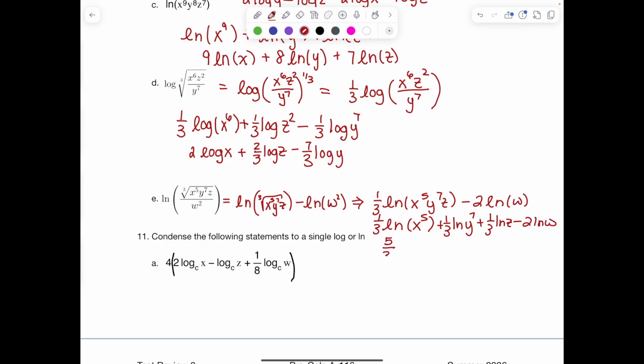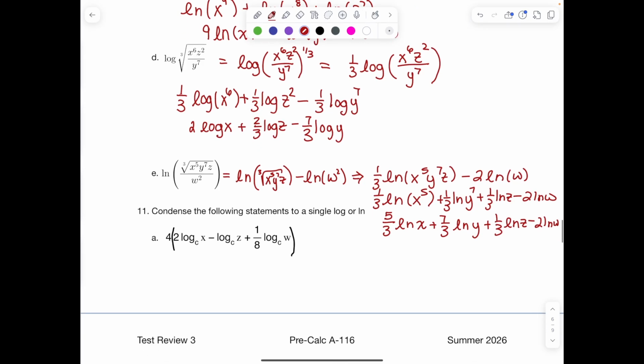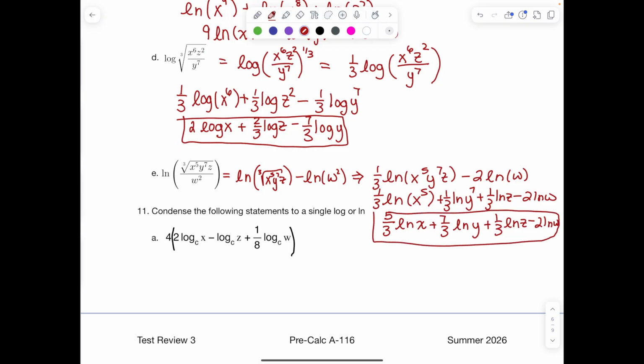Now I get 5/3 ln x plus 7/3 ln y plus 1/3 ln z minus 2 ln w. So that is the answer for that problem.